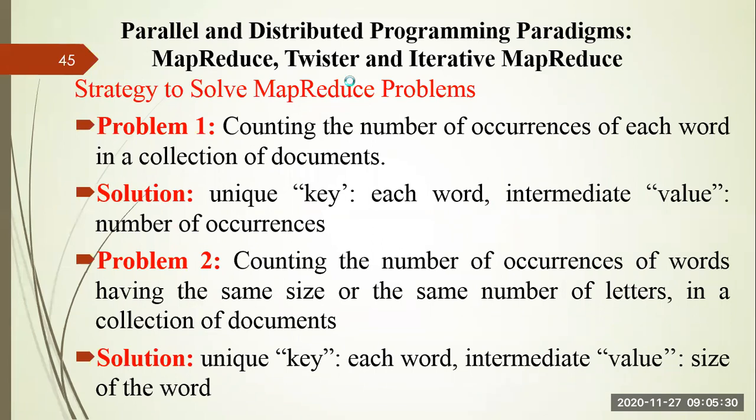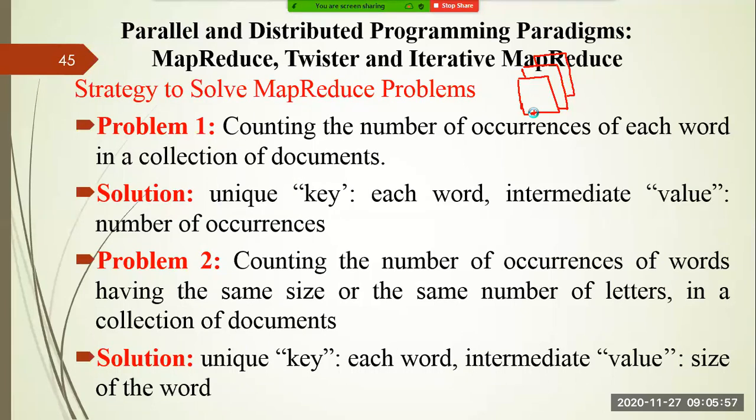First problem says counting the number of occurrences of each word in a collection of the documents. You are given a set of documents, and these documents contain various words in a particular language. Let it be English. What is your objective?